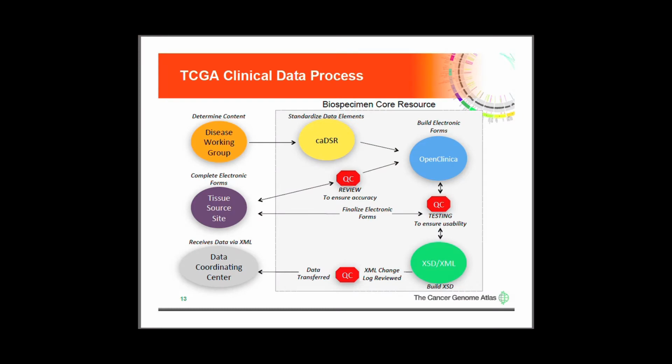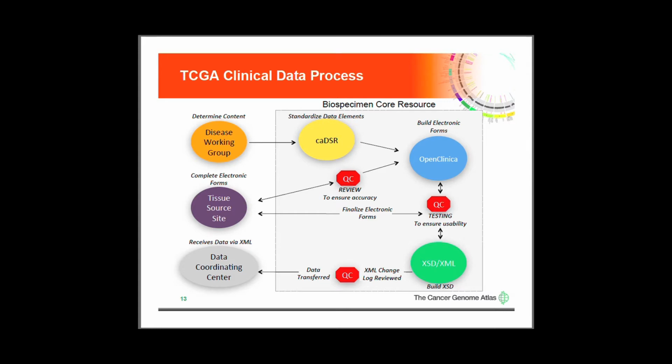We have some generic forms that are available, and we share those with the group and work back and forth deciding, are these questions relevant to this cancer type? Are there any other cancer questions that are really important that you feel we should capture? So we work back and forth with the disease working groups over many iterations to get the clinical data form in place.